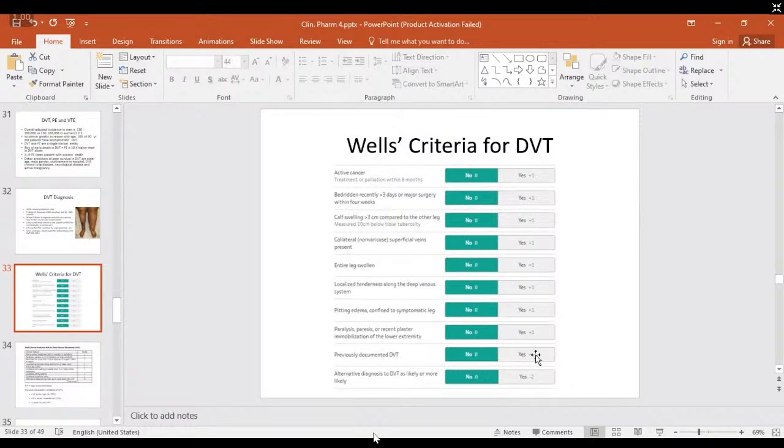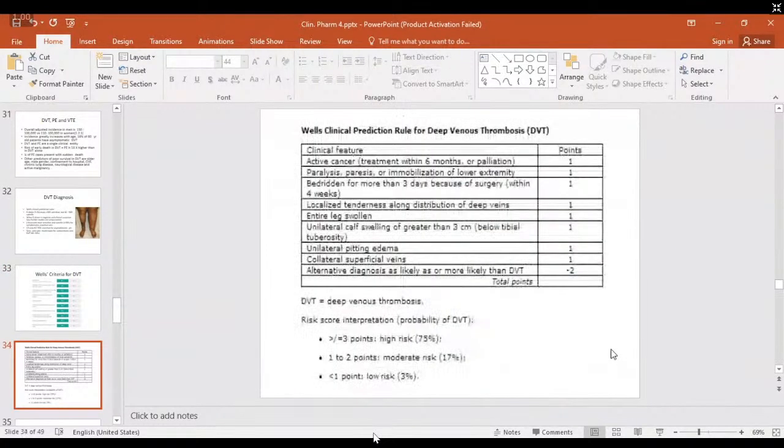Previously documented DVT, +1. And here, very importantly, alternative diagnosis to DVT as likely or more likely. Let's say your patient also has heart failure and that's why has lower leg edema, then you take out 2 points. And here you see when your patient has 3 or more points, it's a very high risk of having DVT. 1 to 2 points, moderate risk, less than 1 point, low risk.